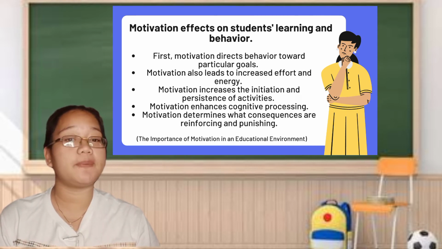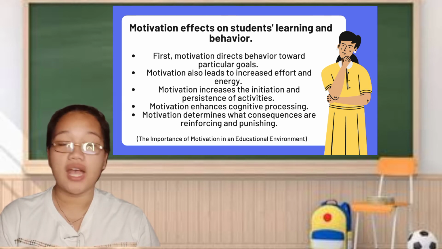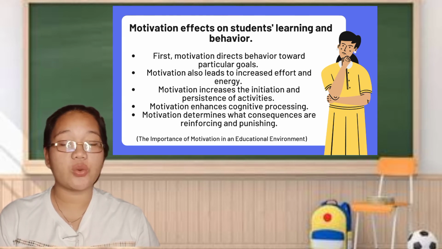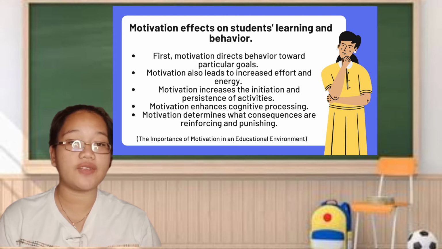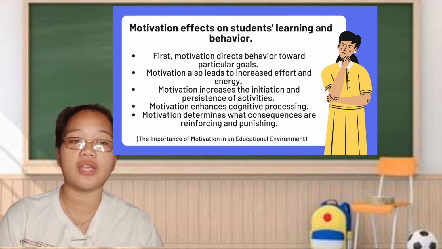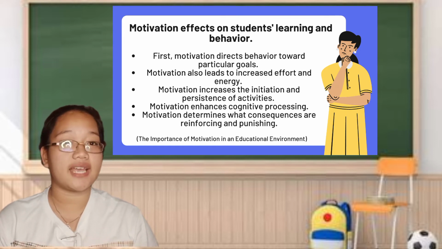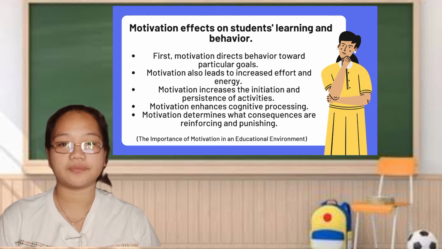Motivation determines the specific goals towards which people strive. Thus, it affects the choices students make. For example, whether to enroll in an art class or physics, whether to attend a school basketball game during the week or complete an assignment that is due the next day.